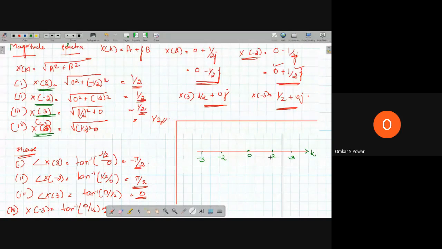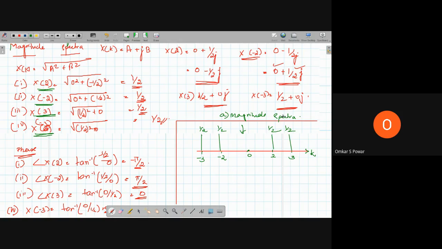So what is your value at x of 2, -2, 3 and -3? All the values are equal to half. So let me plot this. All the values equal to half. So this is your magnitude spectra.